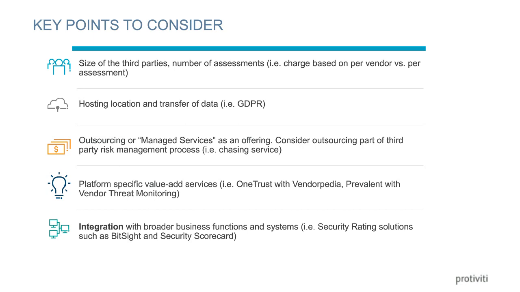Separately, another one to note is Prevalent. They also have their own version of vendor threat monitoring, where they will actively scan the dark web and look at any adverse news on the vendors that you have and provide you with a live alert whenever these things occur.